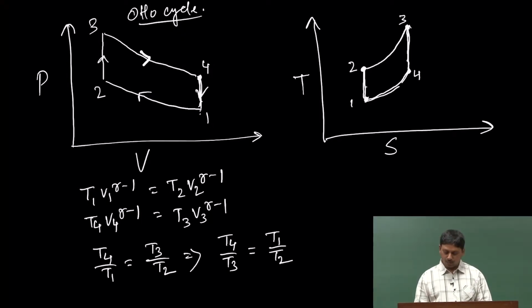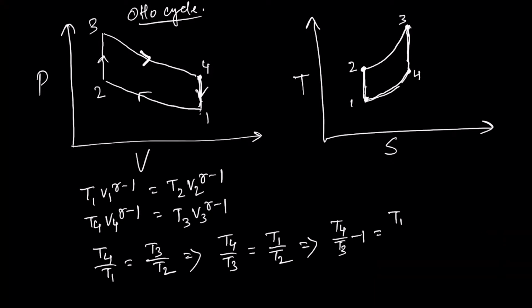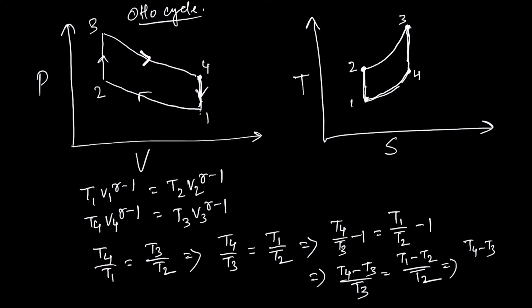Let us subtract 1 from both, which gives T4 by T3 minus 1 is equal to T1 by T2 minus 1, which gives T4 minus T3 by T3 is equal to T1 minus T2 by T2, which gives T4 minus T3 by T1 minus T2 is equal to T3 by T2.